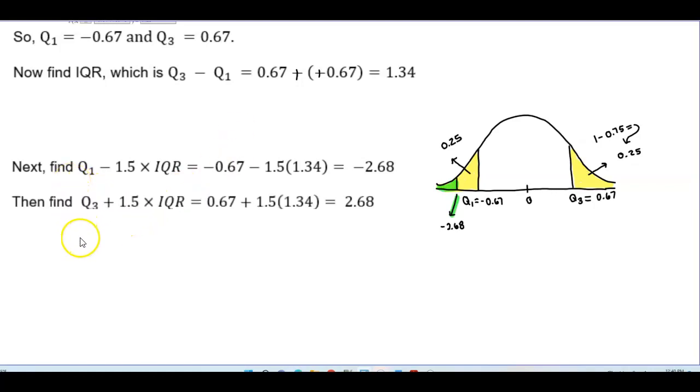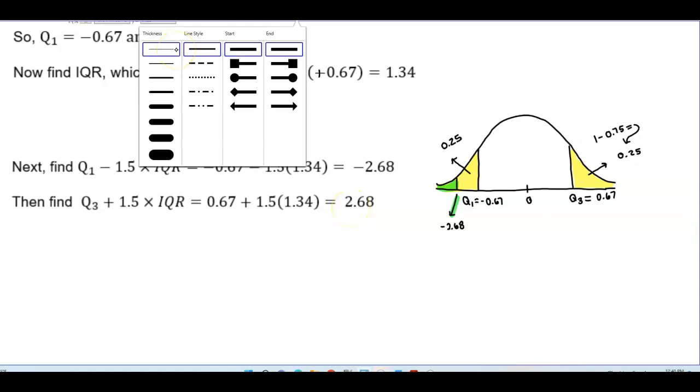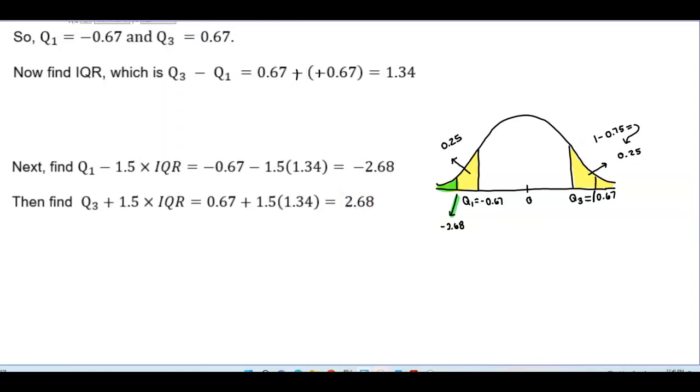Now we want to find Q3 plus 1.5 times the IQR. If we take 0.67 plus 1.5 times 1.34, multiply those two together and add 0.67, we get positive 2.68. So therefore, over here, it's going to be to the right of 0.67.